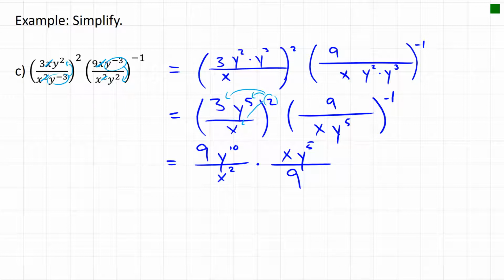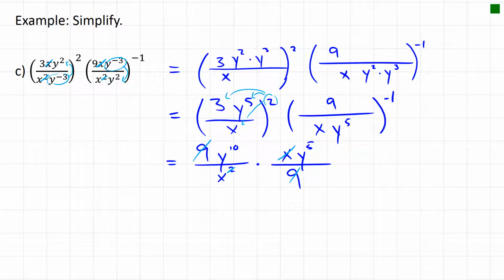And now I have two fractions multiplied together. I can simplify, or cancel, anything that cancels. So those 9's cancel, because I have 9 on the top, 9 on the bottom. My x's, there's a bit of cancellation going on. I've got 1 up top and 2 on the bottom. So that 1 x on top cancels with one of the x's on the bottom, leaving me with just one single x in the denominator.